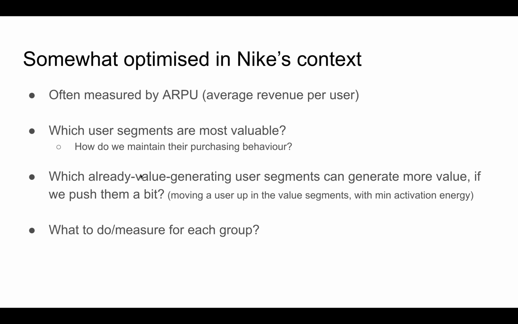Okay, so in a somewhat optimized state, one of the common metrics to look at is ARPU, average revenue per user. And we would want to look at the whole bulk of the customers, people who are making purchases, and put them in different segments depending on how much value the business is generating or capturing from these people.